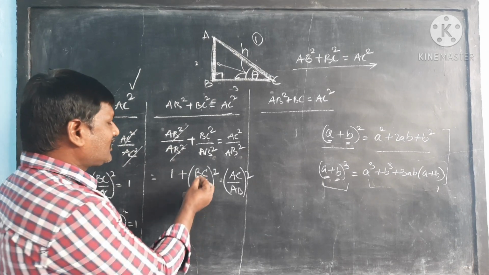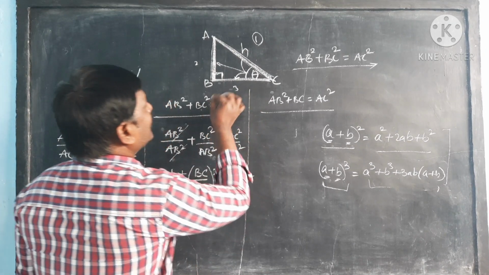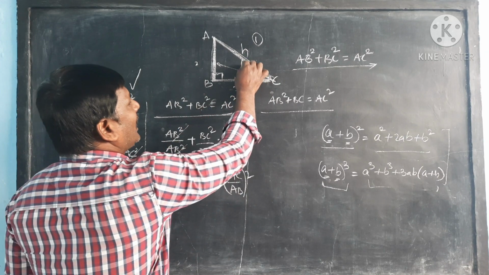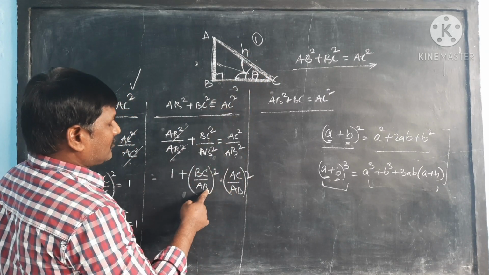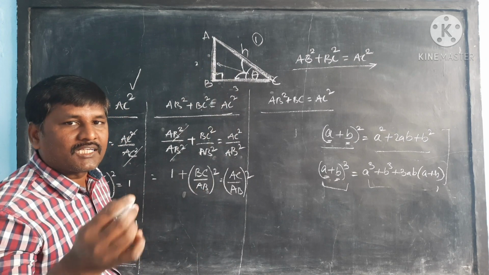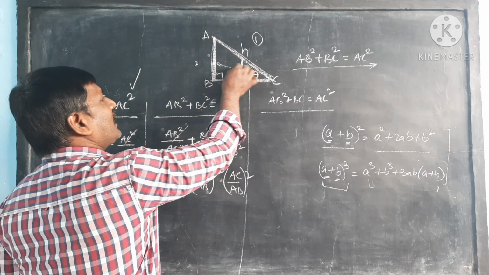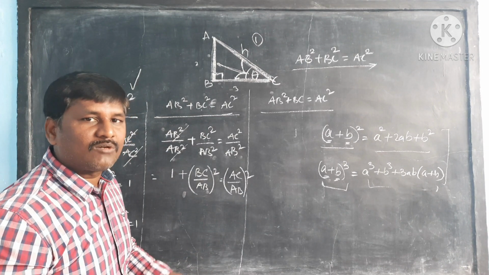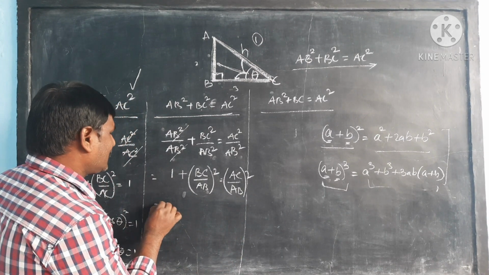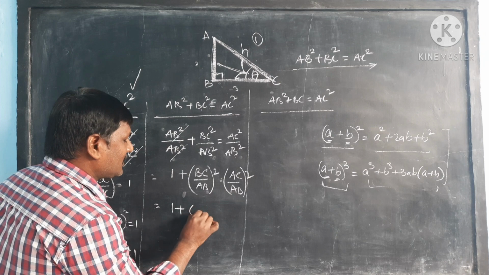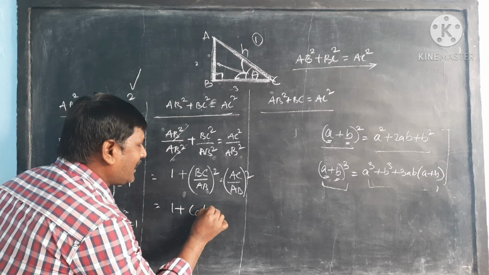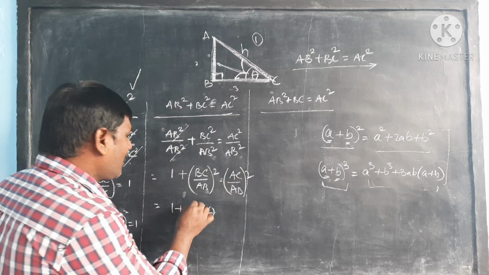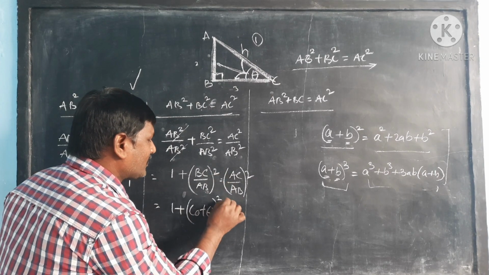BC by AB: BC is the adjacent side to theta and AB is the opposite side to theta. The ratio adjacent side to theta by opposite side to theta is nothing but cot theta. So we can write BC by AB is equal to cot theta, and it is whole square.